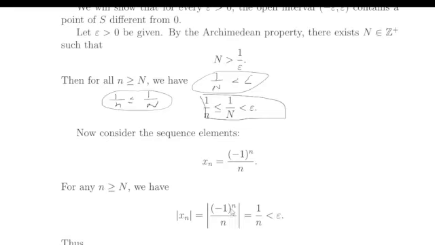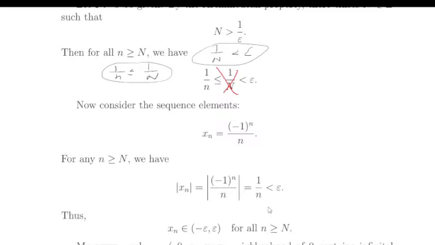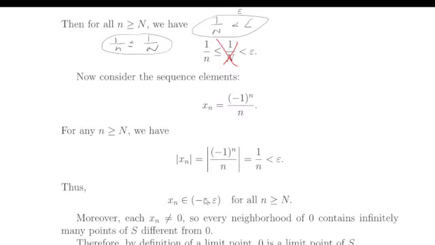And 1 over n, we said from up here, if we eliminate the middle term, is less than epsilon. So that means that x sub n is in the interval between negative epsilon and epsilon for all lowercase n bigger than or equal to capital N.